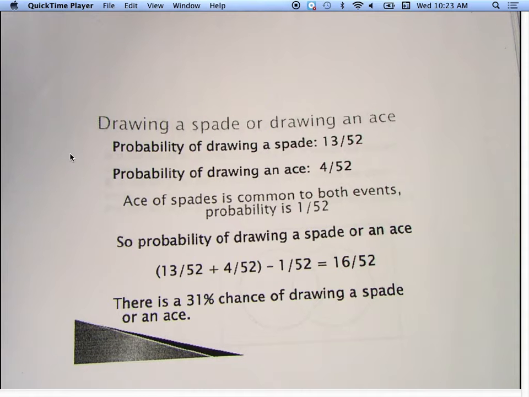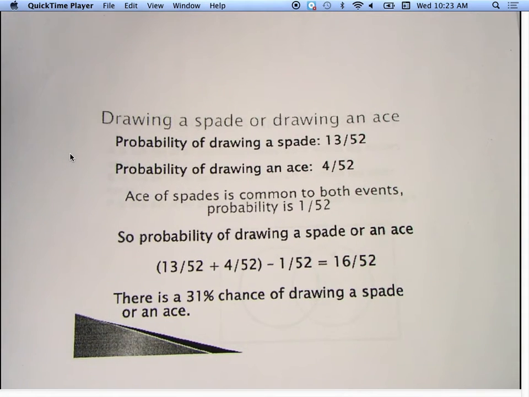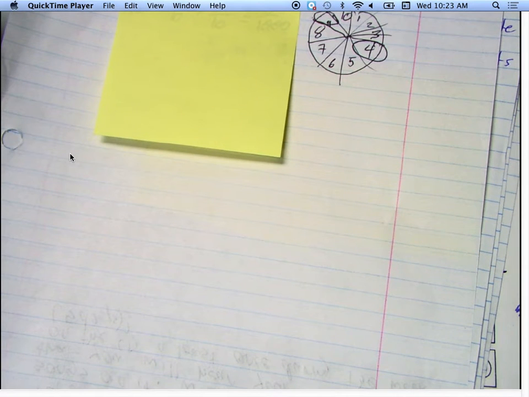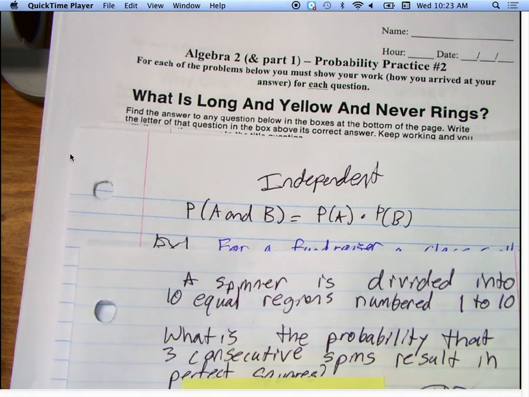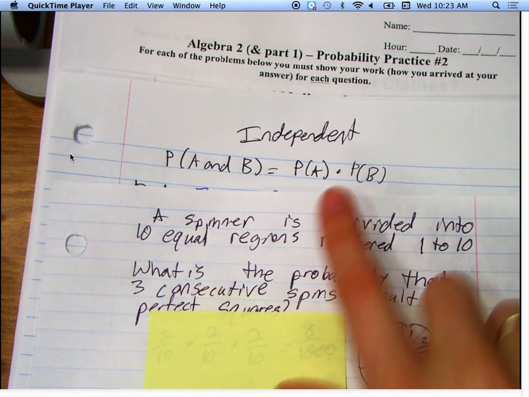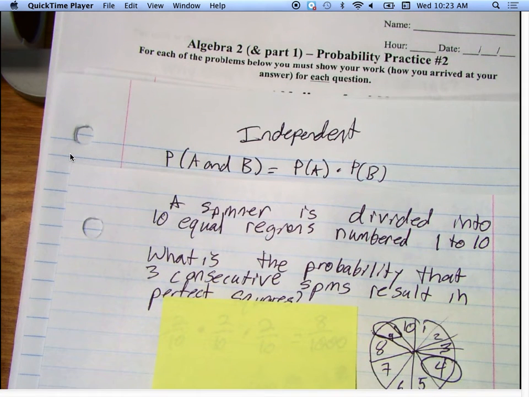We good? Okay. All right. So, I want you to write this down first. Independent event is when we go A and B. So the probability of A and B is the probability of A times the probability of B.